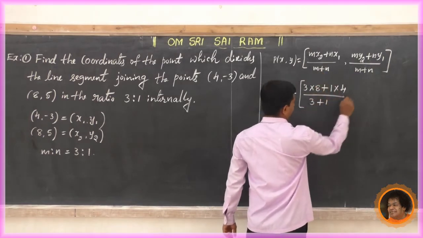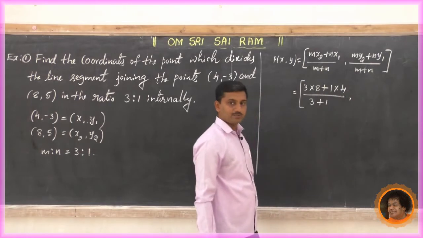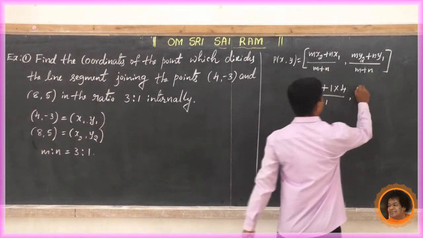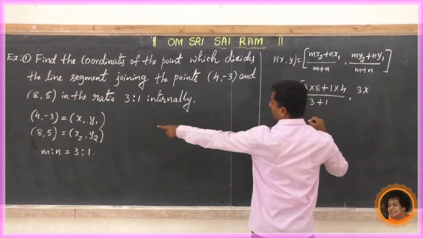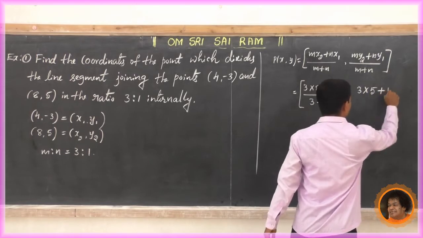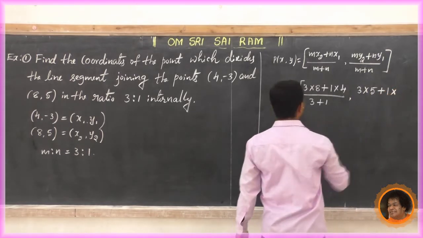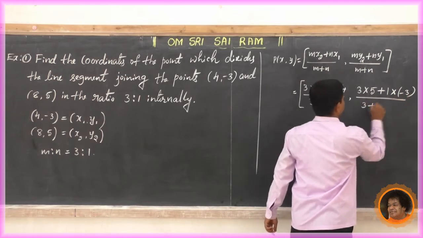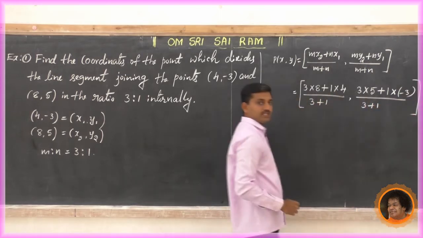3 plus 1, comma, same as substitute the values of m, y2, n, y1. So m value 3 into y2 value 5 plus n value 1 into y1 value -3, divided by 3 plus 1. Now simplify.